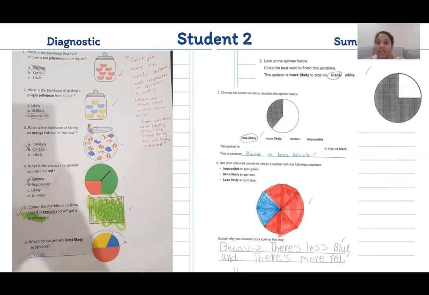So here you can see that student 2 in particular initially struggled with using the terms likely and unlikely following the first lesson. And I found they still needed a bit of work using the new terminology, but it particularly improved after working on using language to reason and being able to explore more chance events in the group work.